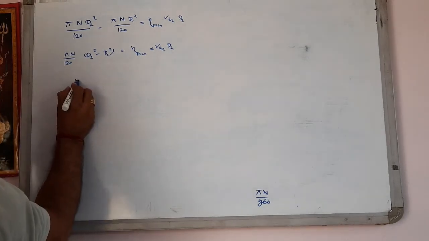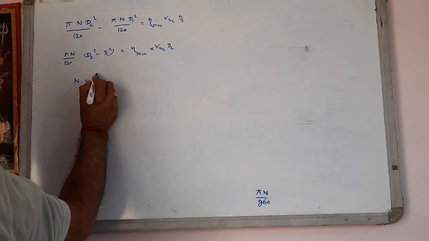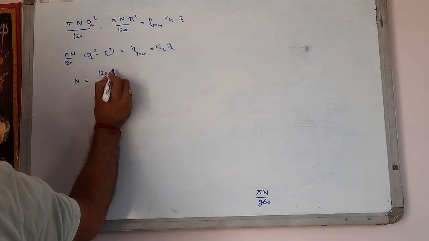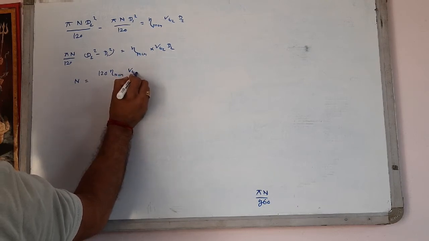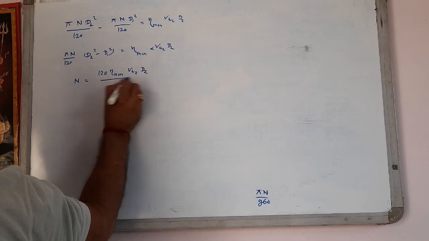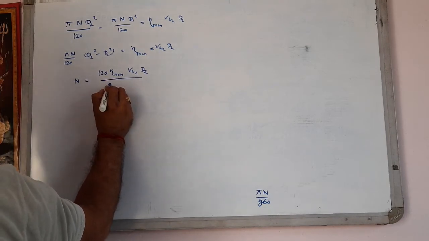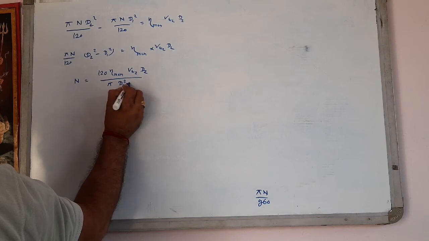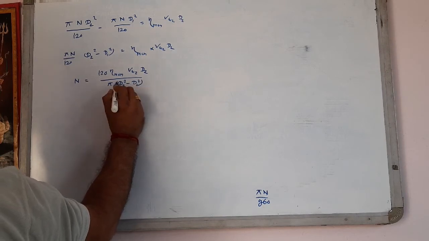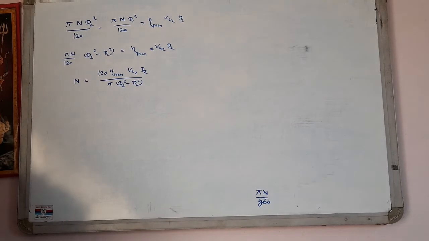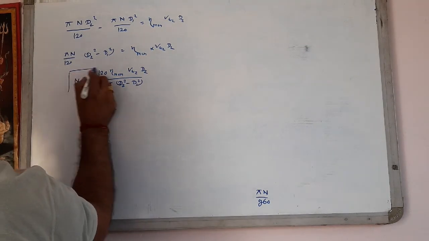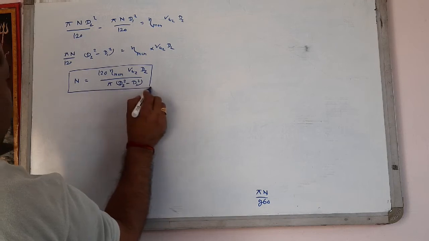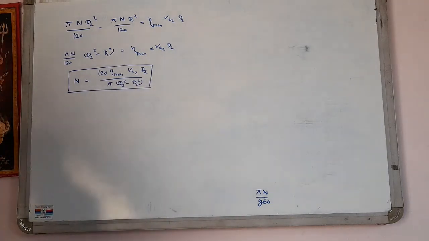Now N equal to 120 eta manometric VW2 D2 by pi into D2 square minus D1 square. This equation gives the minimum starting speed for the centrifugal pump. This is the minimum starting speed of a centrifugal pump.